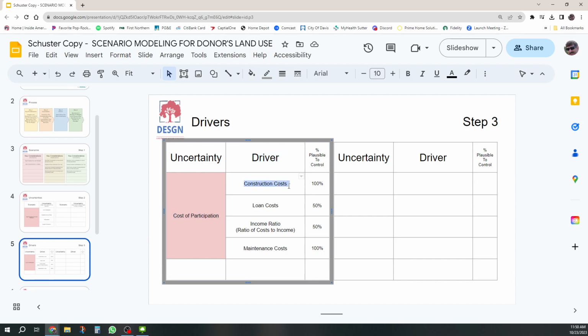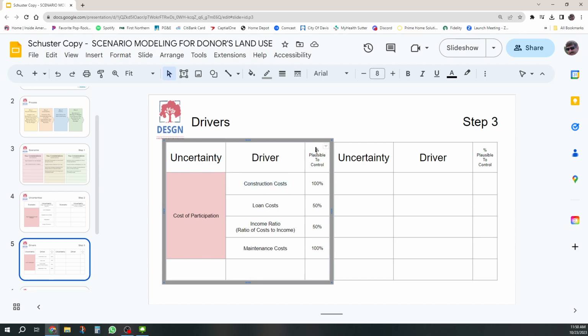Well, construction costs definitely are. You know, if we use a very high construction cost design and contractor and set of materials and just methodologies, of course, the cost of participation is going to be really, really highly instrumentally driven by the construction costs.